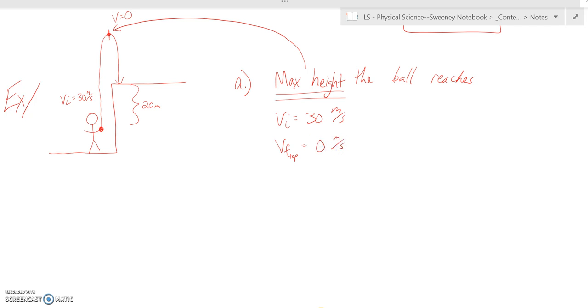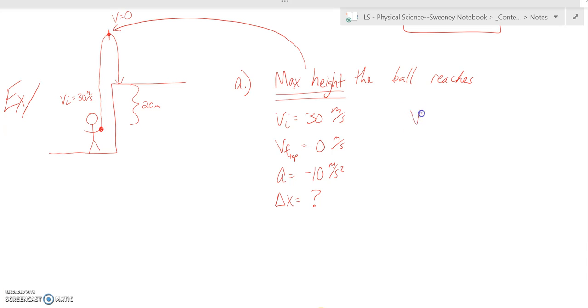For a maximum height problem, you're going to want to use a final velocity at the highest point of 0. Continuing on, since our ball is in the air on Earth, we can assume its acceleration is -10. And finally, if we want the maximum height, the variable we're looking for is delta x.